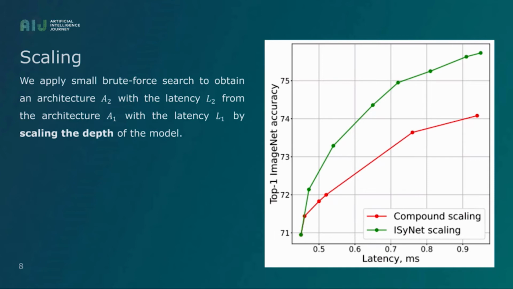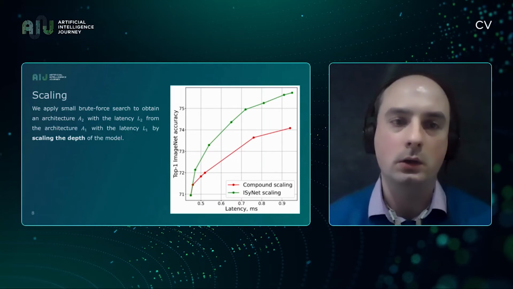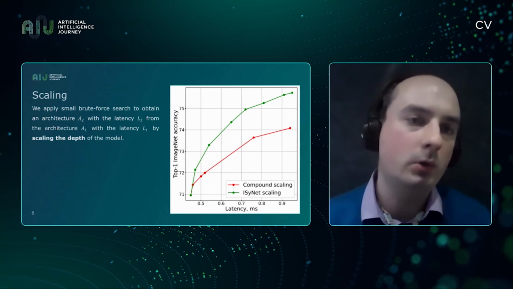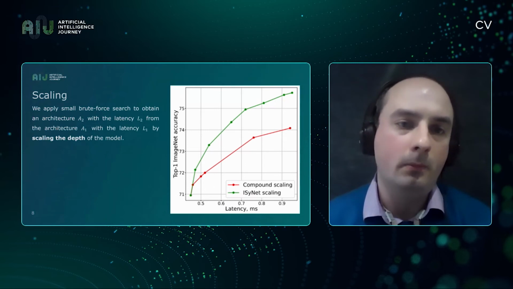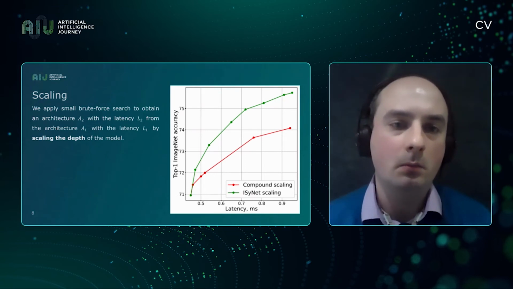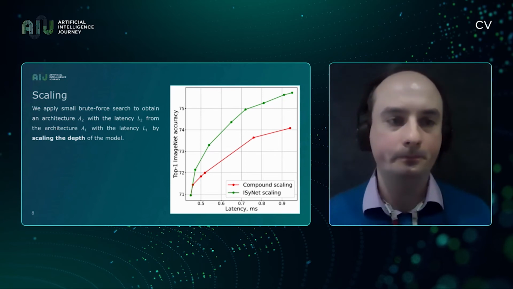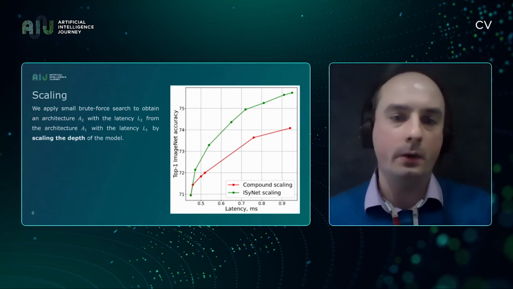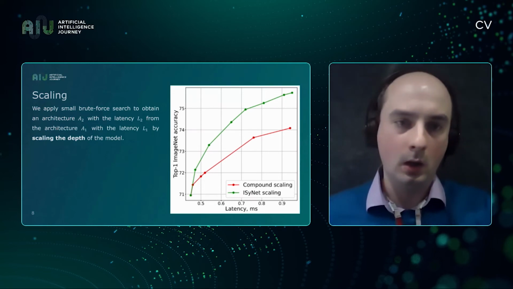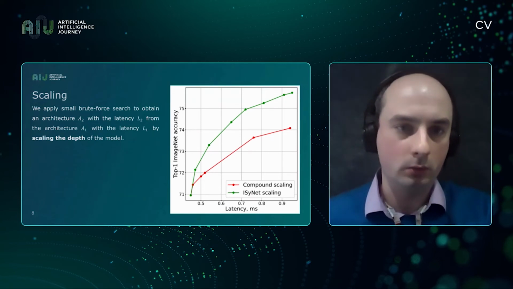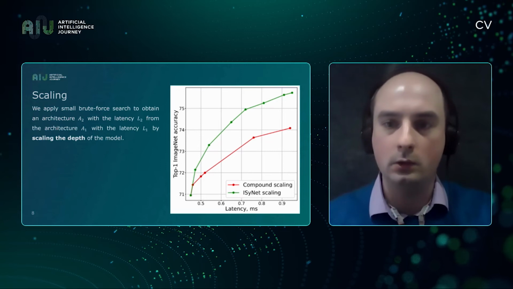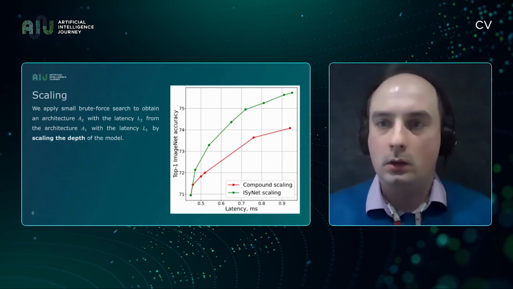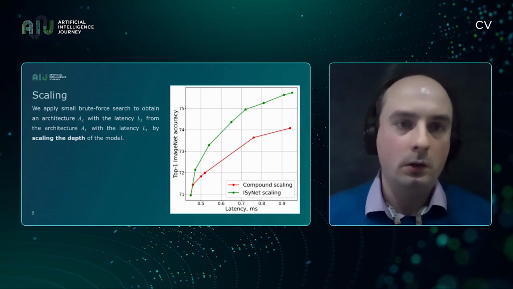And as we found out, this number doesn't fully correlate with the time of processing on hardware, and we developed our own simple but efficient algorithm which does the scaling, to obtain an architecture A2 with a certain latency from the architecture A1 that allowed us to scale the depth. And the practice showed that this method was efficient, and it was proved by experiments, as you see on the graph.